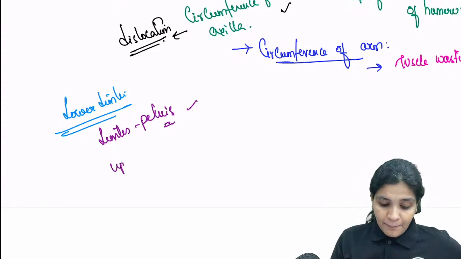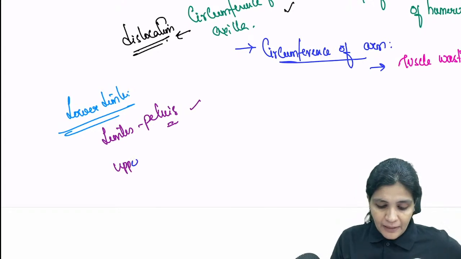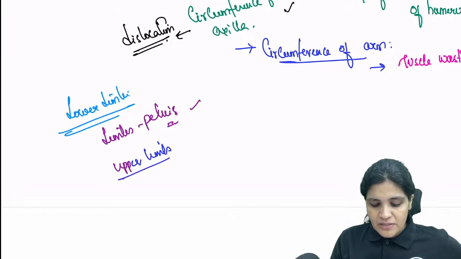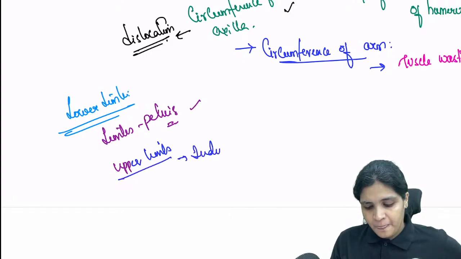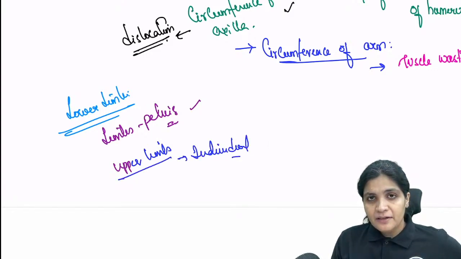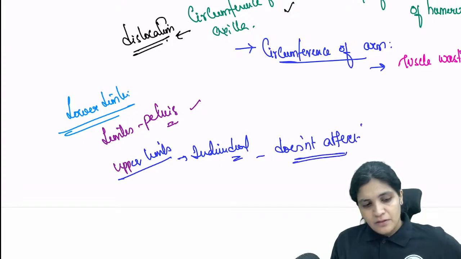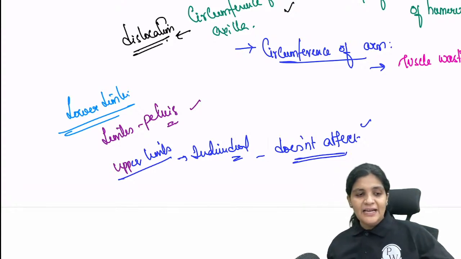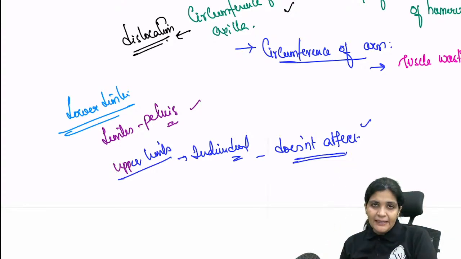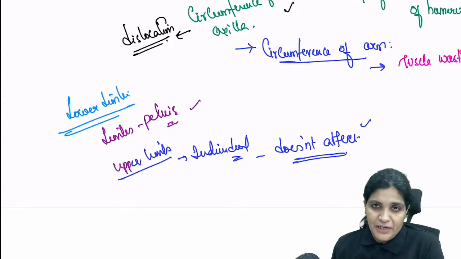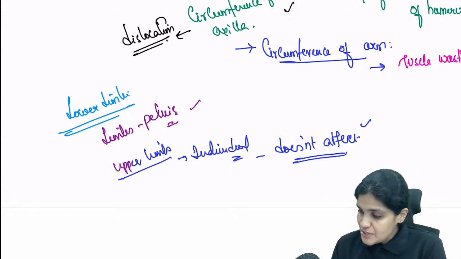But in case of the upper limb, because they are individual, it usually does not affect. Even if there is a slight difference in the length measurements, it doesn't have any effect for us, right? So that is about the measurements.